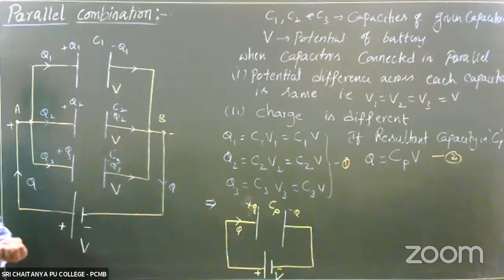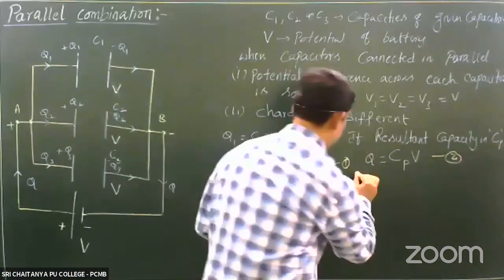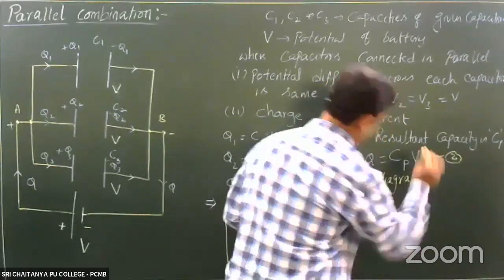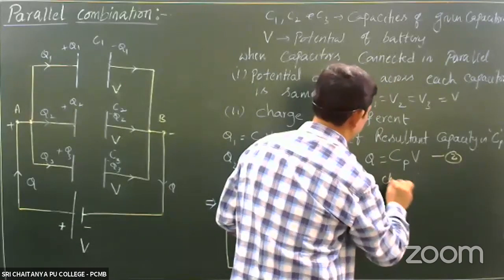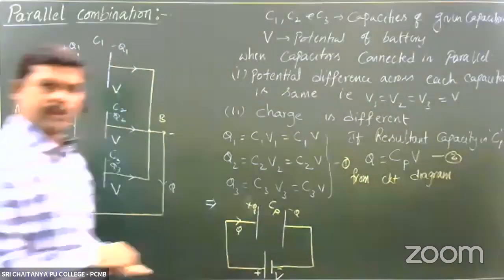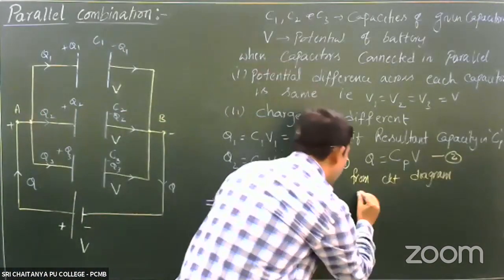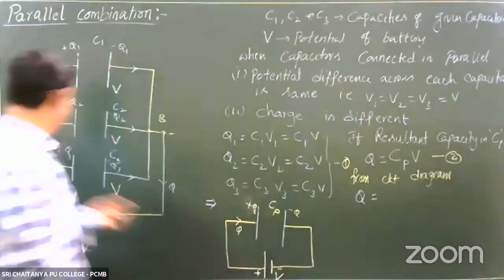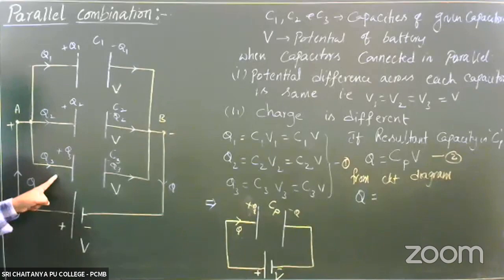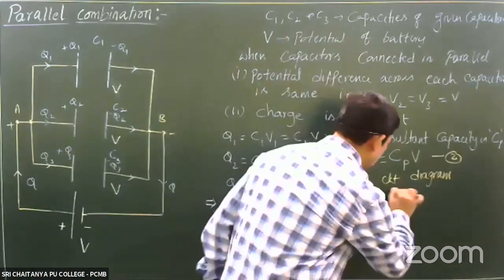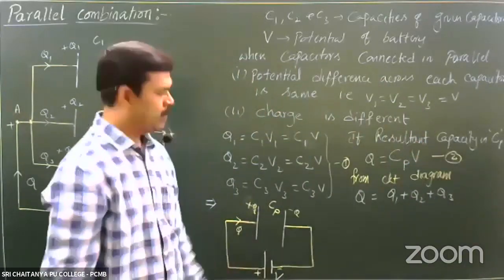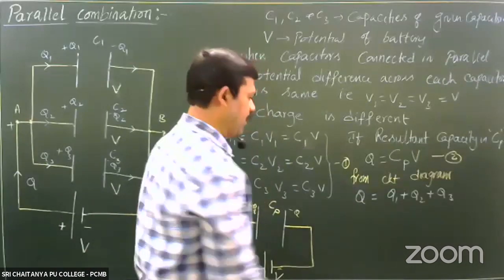From the circuit diagram, the total charge Q coming is divided as Q1, Q2, Q3. Q is equal to Q1 plus Q2 plus Q3, right? What is Q here? CpV.